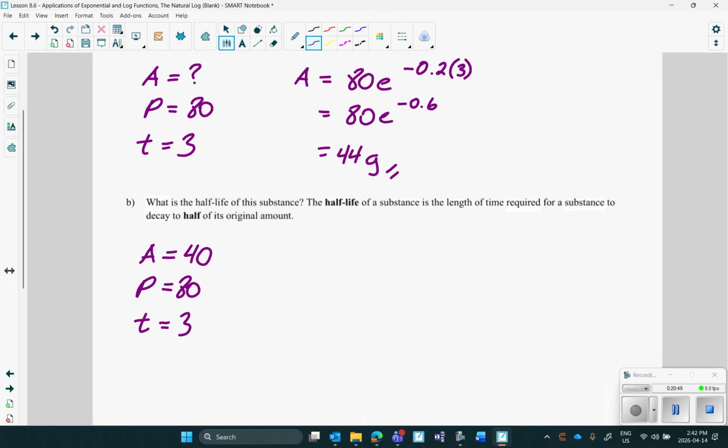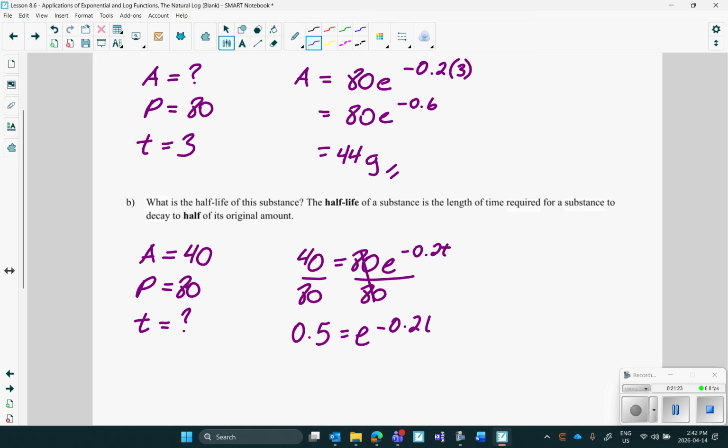So we would do 40 equals 80 times e to the negative 0.2 T. Oh, sorry, T is the unknown here. What do you want to do first? Divide by 80, so we get 0.5 is equal to e to the negative 0.2 T.